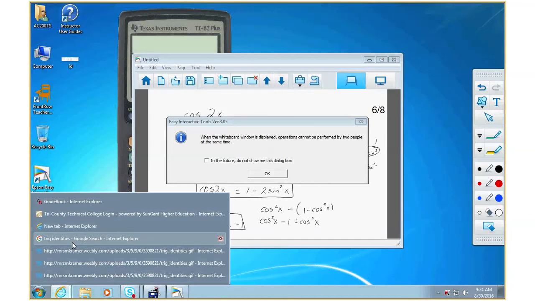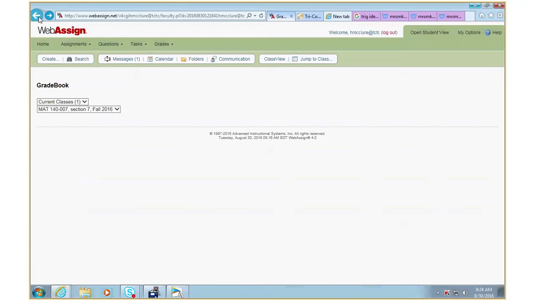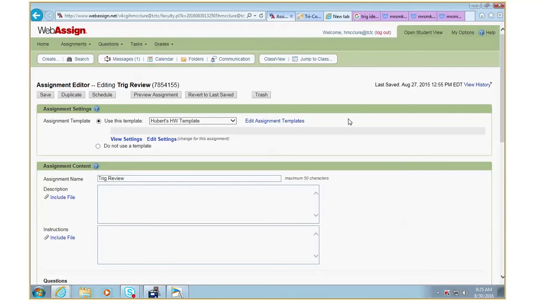All right, let's go back to trig. Where's my grade book? There it is. All right, now I don't know how to get out of this. There we go. Let me go to trig review. Let's see. There's a trig review right there, isn't it?